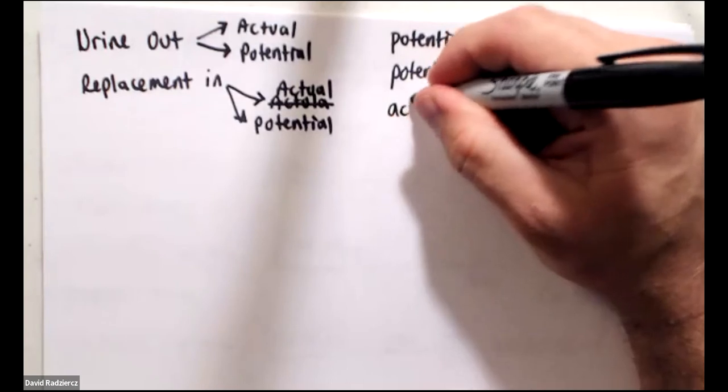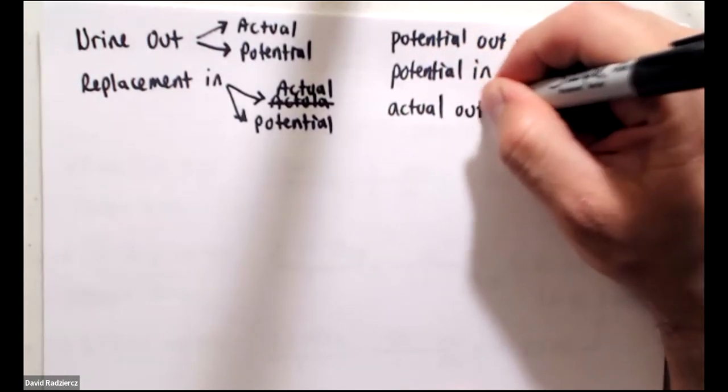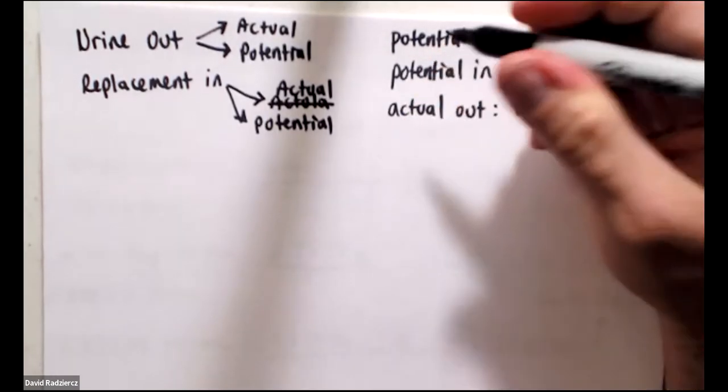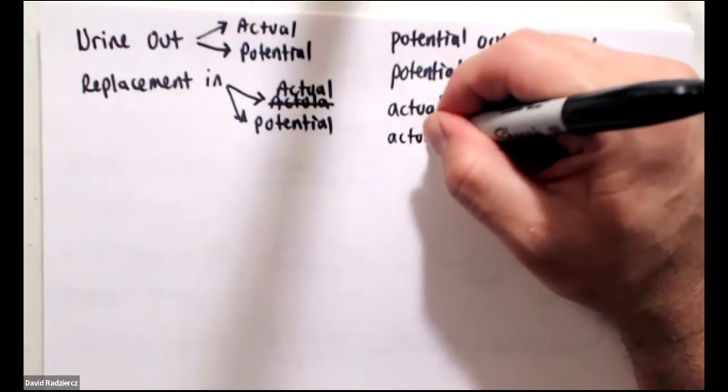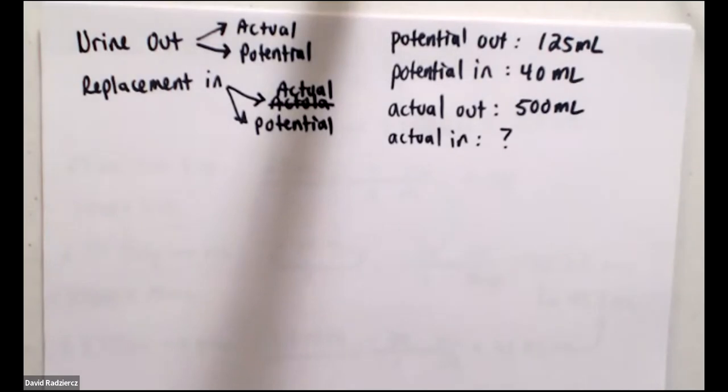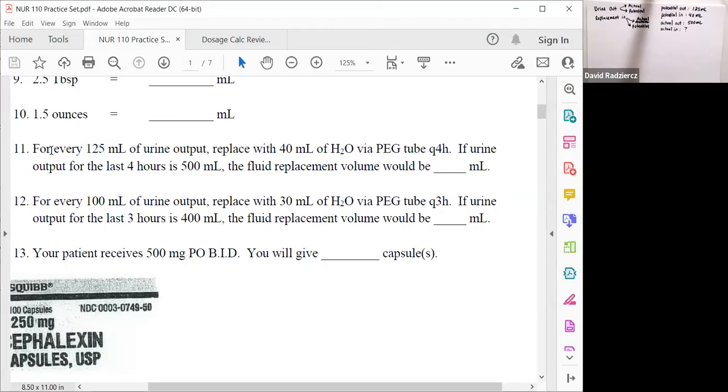Your actual output is 500 milliliters, and we want to know the actual replacement volume, or the actual in. So these are the important numbers. Going back to the shared screen: for every 125 milliliters of urine output, that's my potential output, I'm going to replace with 40 milliliters. My actual output was 500 milliliters, and I want to know what I'm actually going to replace.